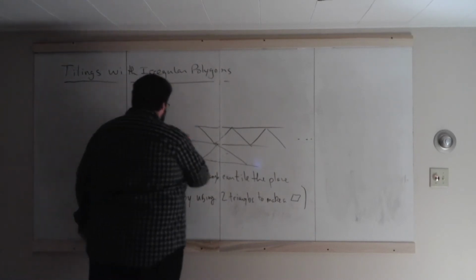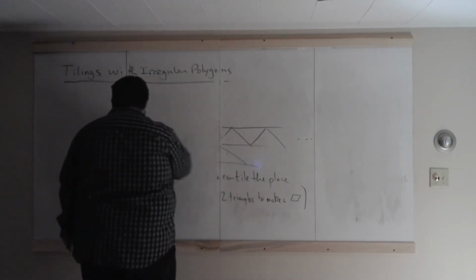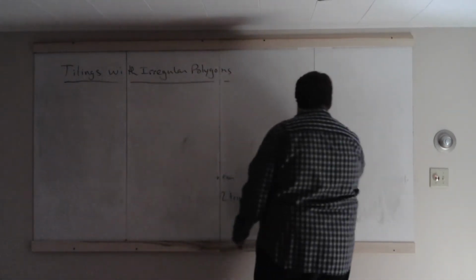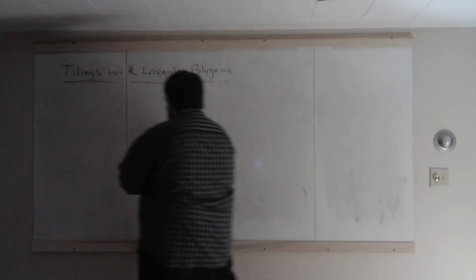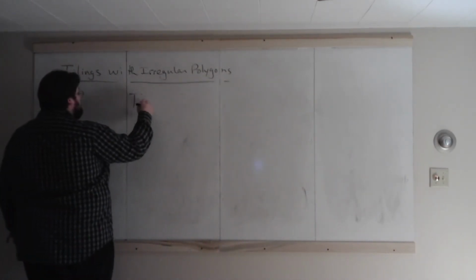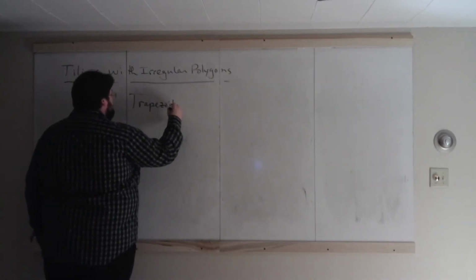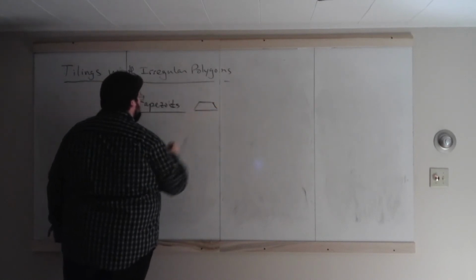I like trapezoids. I actually didn't write this in my notes. But we can fill it in with trapezoids. How can we fill it in with trapezoids? That's not how you spell trapezoid. There. Trapezoids. Let's draw one that looks like this.